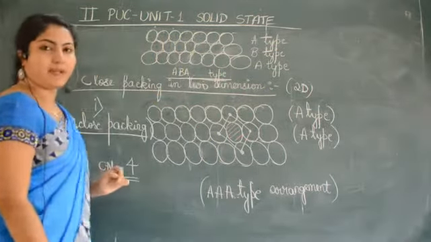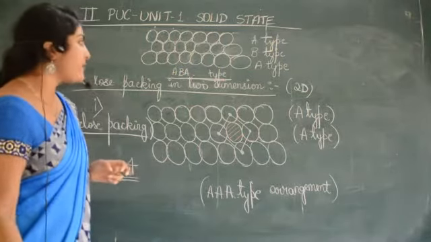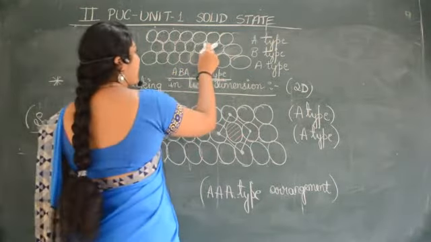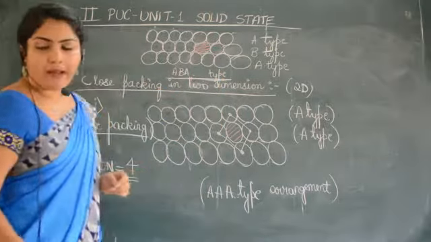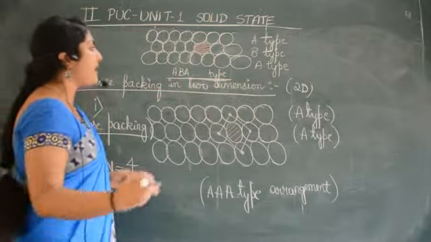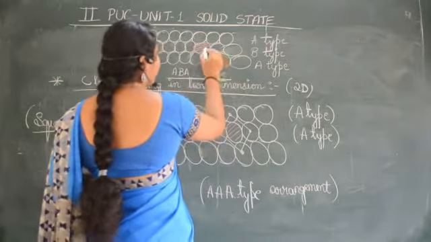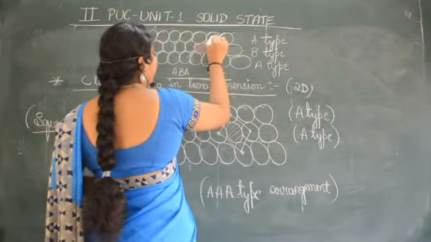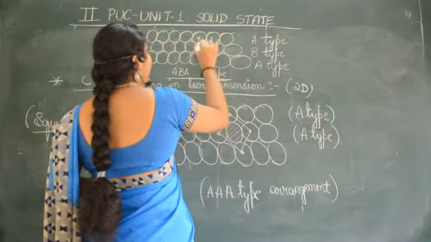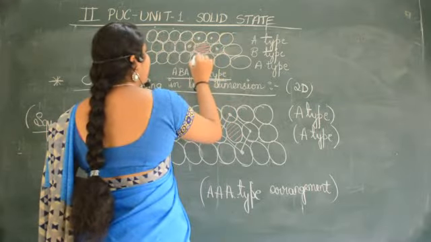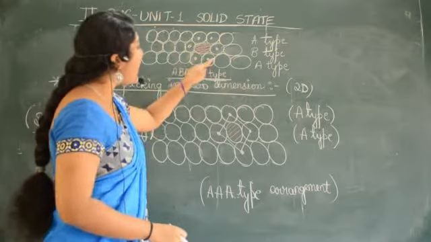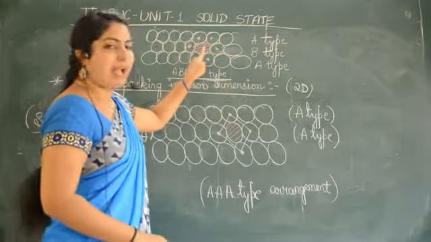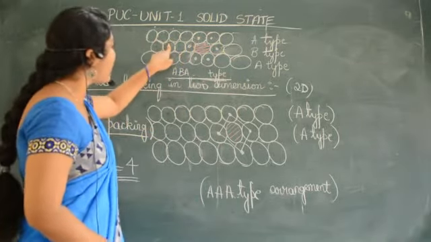Now here again I have to calculate the coordination number. When I calculate the coordination number for any one particle, I have to check the immediate neighbors. 1, here 2, 3, 4, 5, 6. You see, all these 6 are closely packed with the atom. If you consider anywhere else also, you can see the same thing.